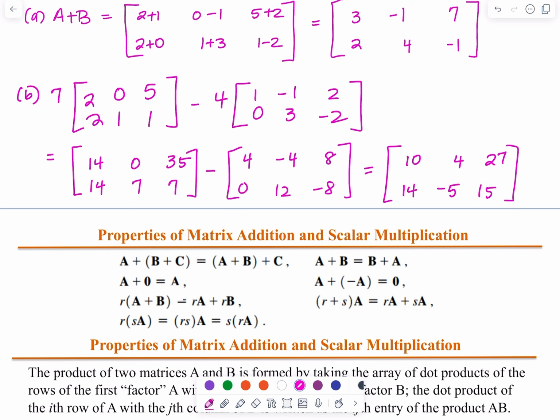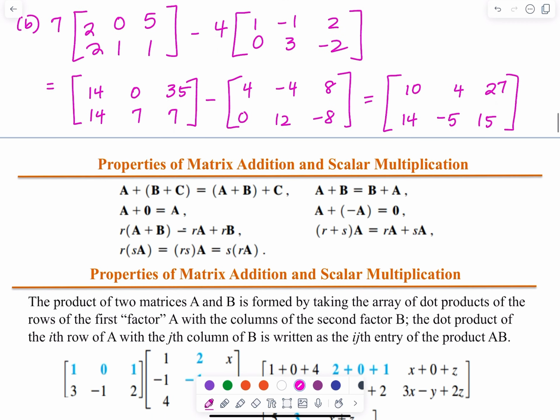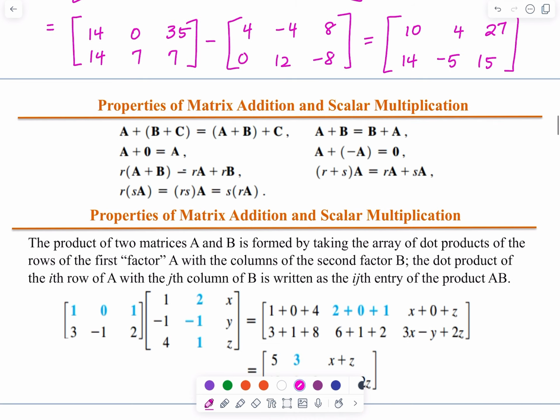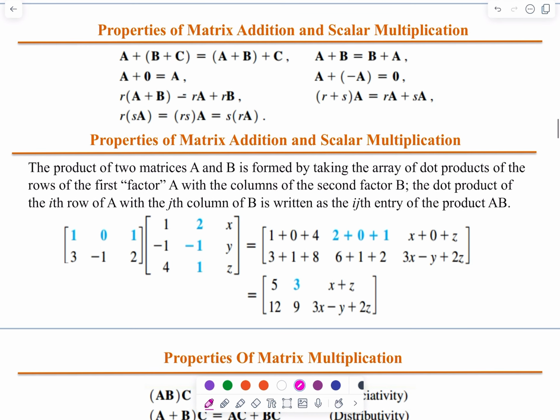Okay, let's go ahead and take a look at the properties of matrix addition and scalar multiplication. Our usual algebraic properties hold. And you can take a look at them here.